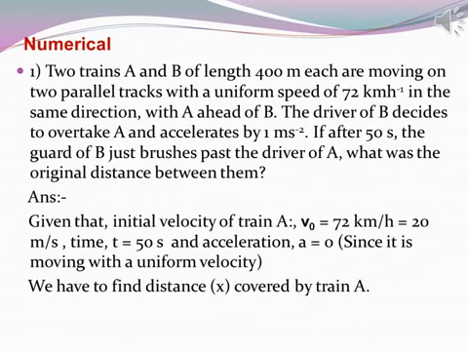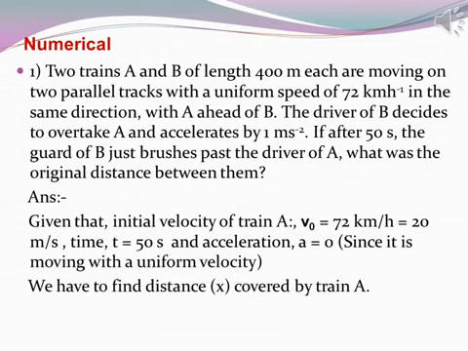With A ahead of B, the driver of B decides to overtake A and accelerates by 1 meter per second square. If after 50 seconds the guard of B just brushes past the driver of A, what was the original distance between them? What is its solution?